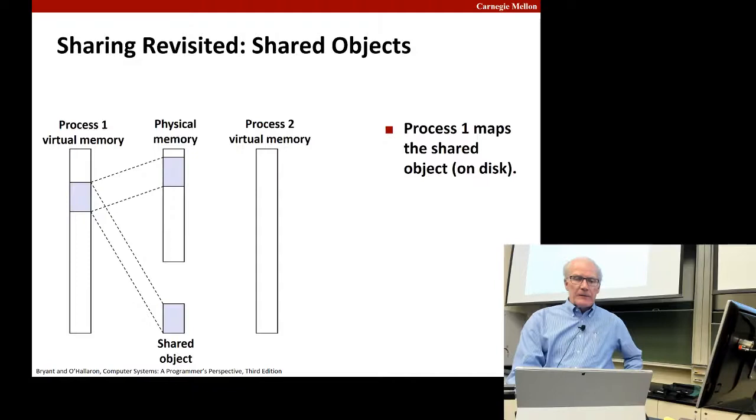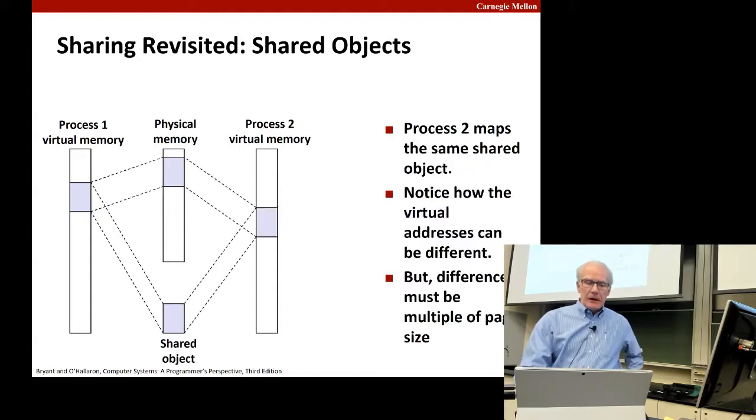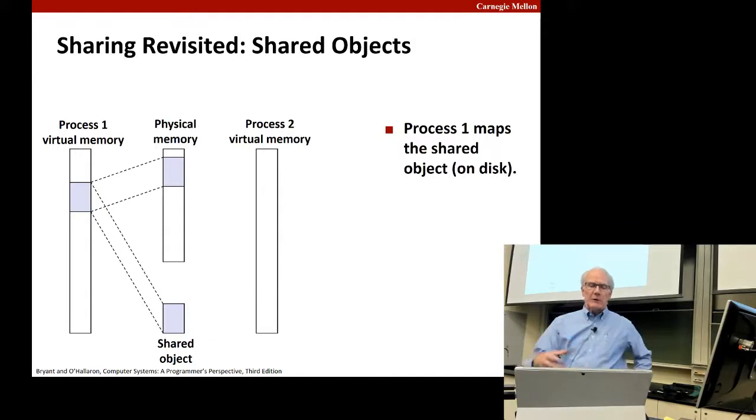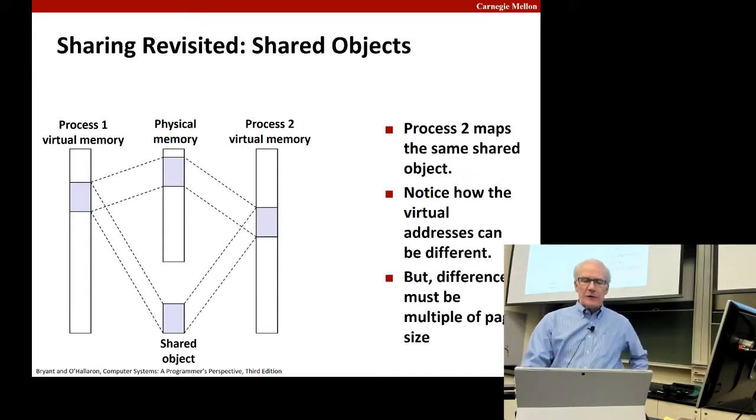So that works by the same general idea. One process requests that a particular disk file be mapped into its virtual address space, and Linux will view this as a shared object and map it into physical memory.